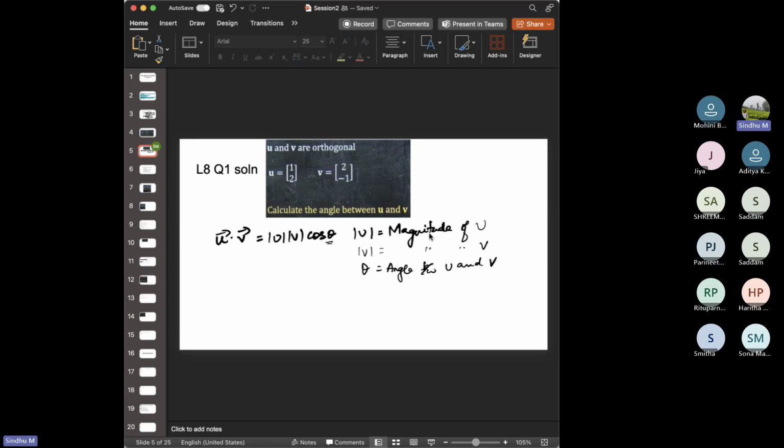And this u bar dot v bar we can calculate from these two values here. You just have to multiply the corresponding terms.